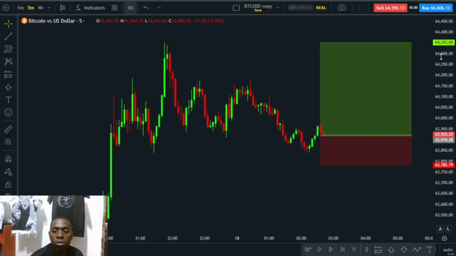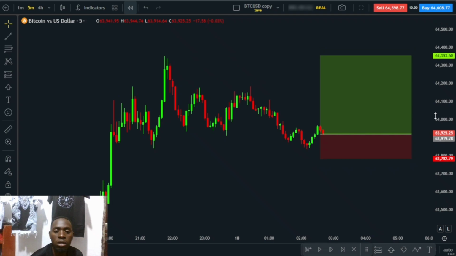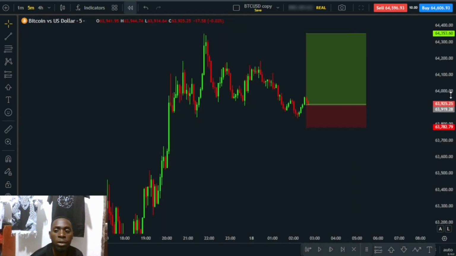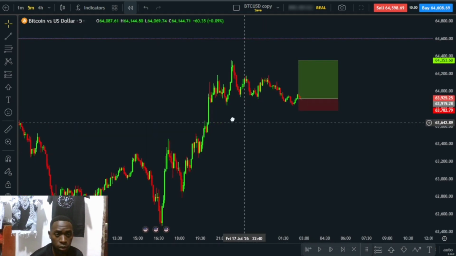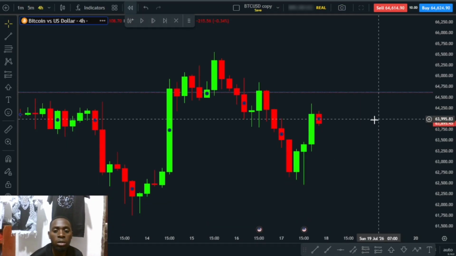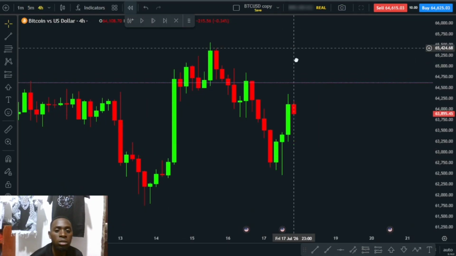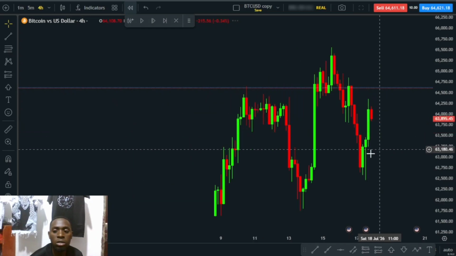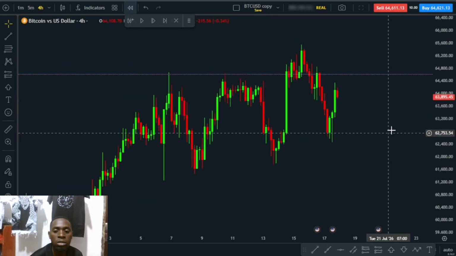I'm always first determining the base of the market. When I checked the higher time frame, this was the market previously.